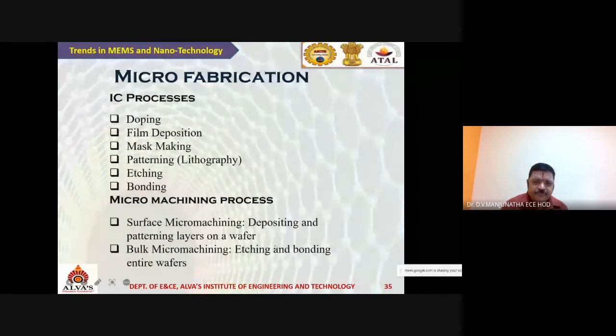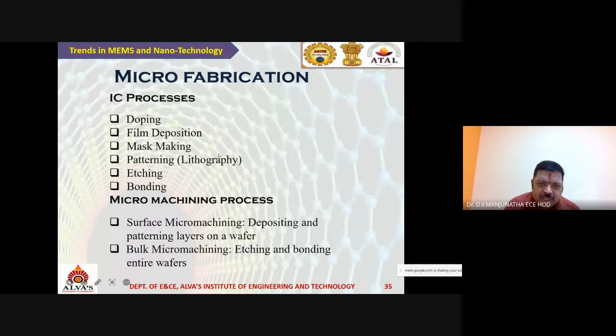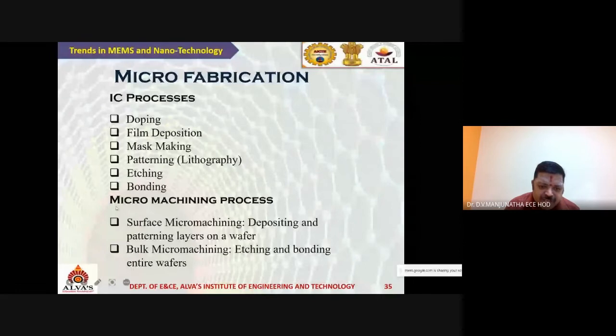We will go into detail on microfabrication, the IC processes and micro machining processes.